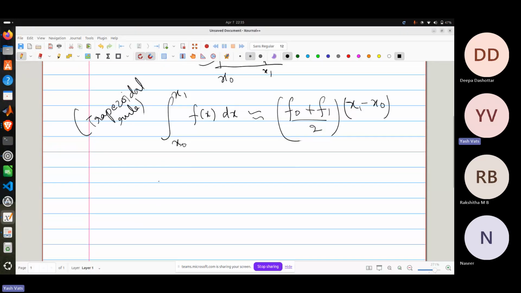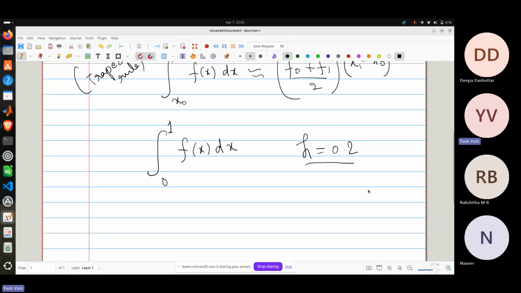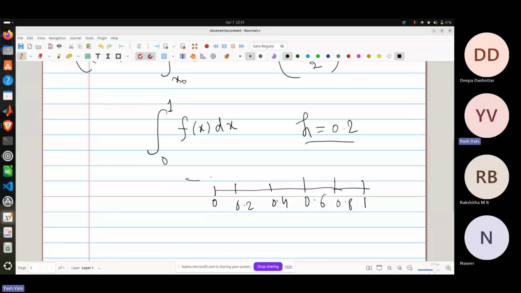Suppose we have to find the integration from 0 to 1 of f(x) dx, and h is given to you as 0.2. H is the step size. So you must first make the grid 0, 0.2, 0.4, 0.6, 0.8, and 1, right? So this is your f, and you have several values of f at these points.